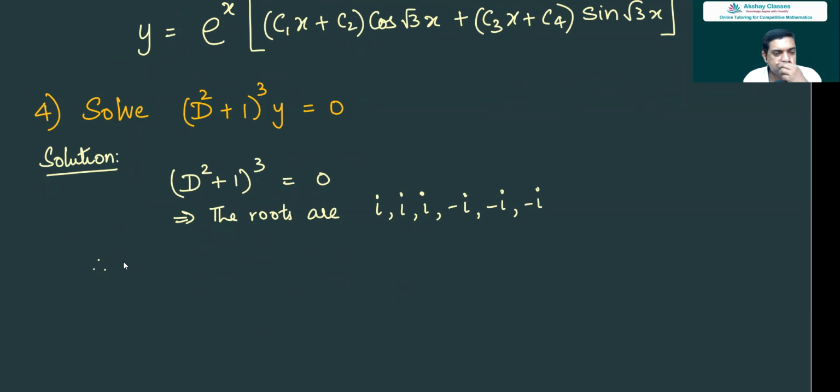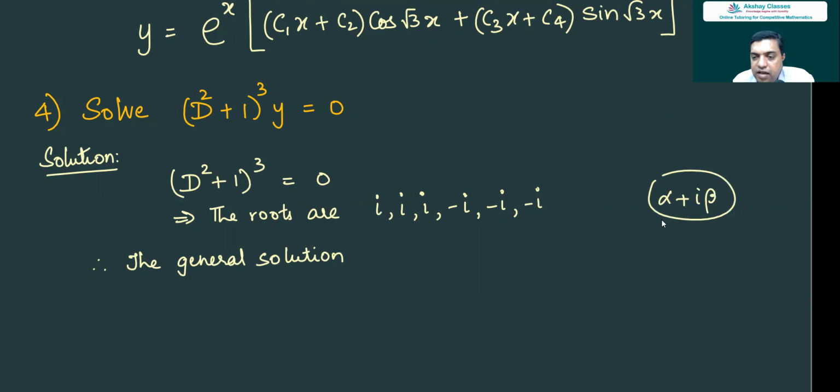Therefore, the solution: alpha is 0, beta is 1 basically, with roots alpha plus i beta and alpha minus i beta, right? So the general solution y is e power 0x, that is 1.